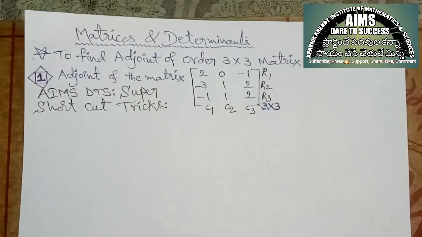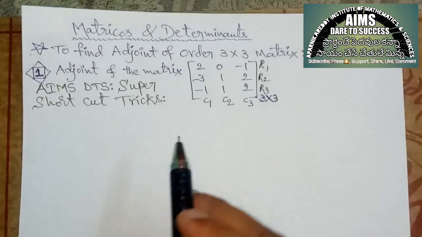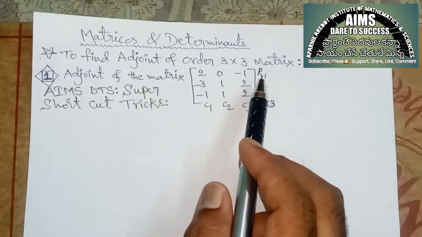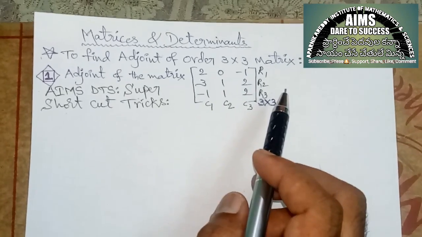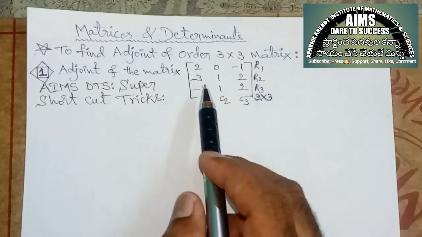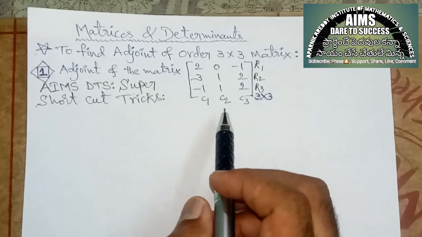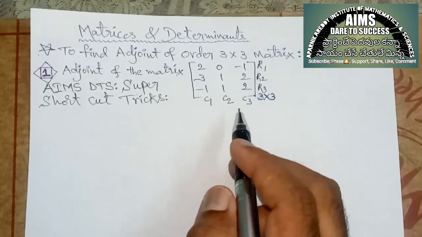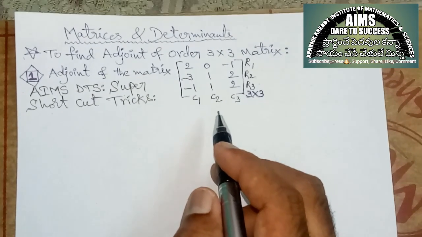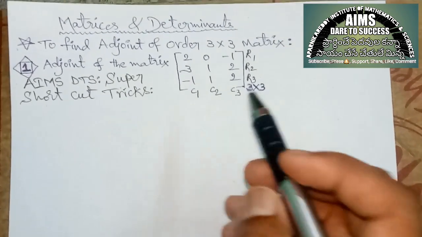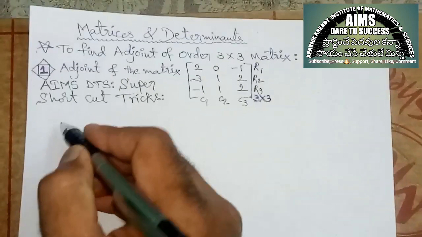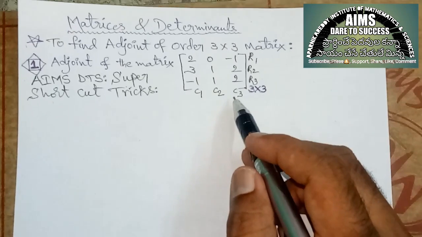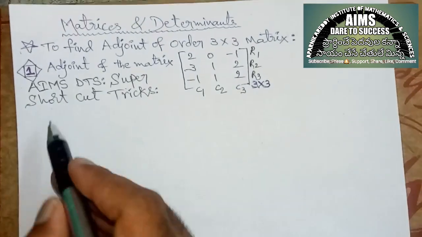A simple way to remember is like sleeping position: row 1, row 2, row 3. The teacher will stand on the dais and explain on the board column 1, column 2, column 3. It is very easy, so that is why I am telling you row 1, row 2, row 3, column 1, column 2, column 3.